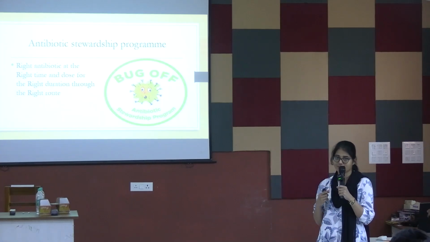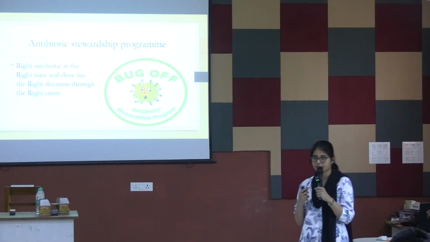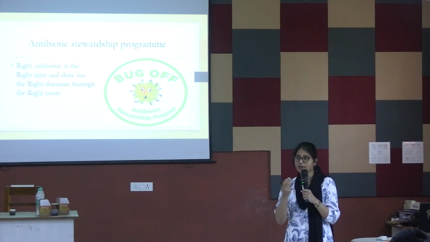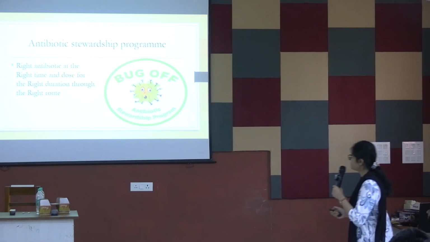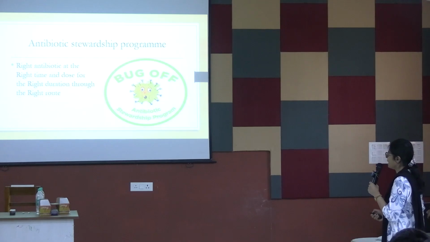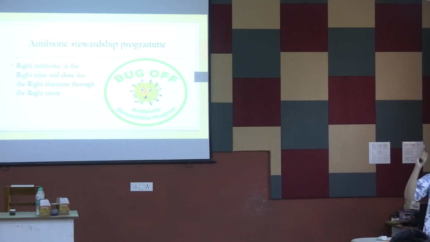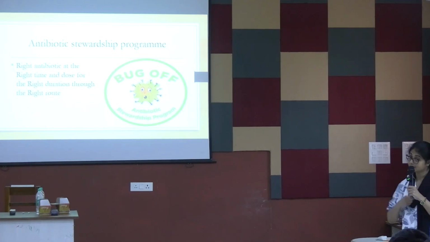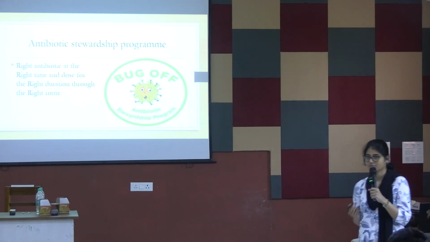The superbugs have developed, normal antibiotics are not working. So how will we be able to ward off superbugs? Everything should be right. Antibiotic choice should be right. It should be given at the right time, right dose, for the right duration. That means 21 days, 14 days or 5 to 7 days. Duration is important. And through the right route, that is intravenous or oral.